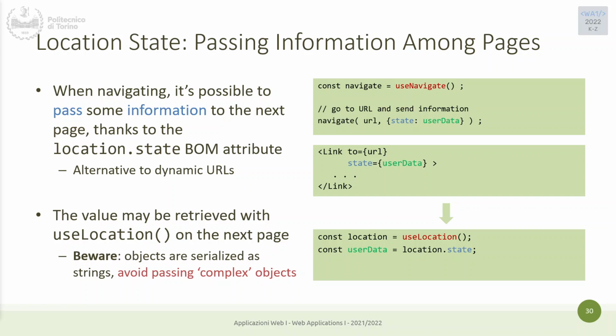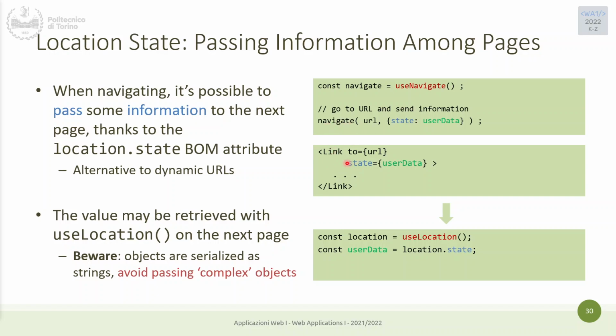To achieve this goal, to achieve this result, we can use this additional hook, which is called useLocation. So here you have an example. Here you use the useNavigate hook to force the navigation to a different page, and you specify that together with the page that you want to address, you also want to pass this object, which is called userData. You can do that through the navigate hook.